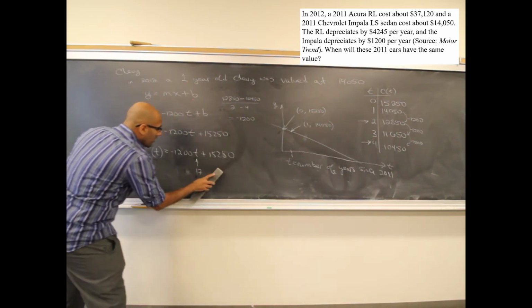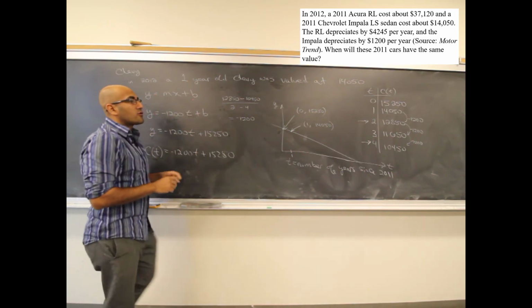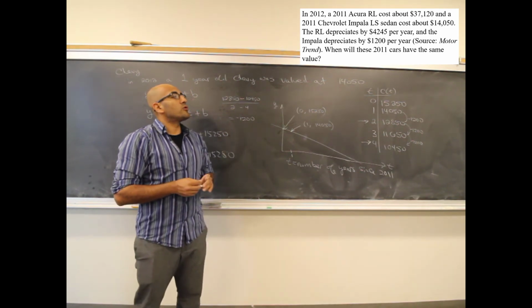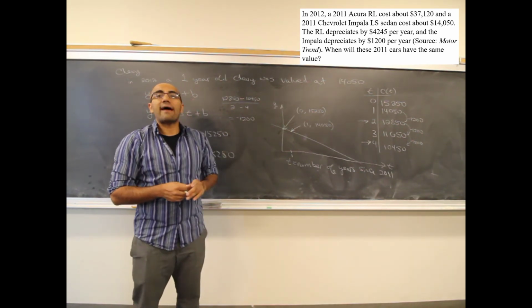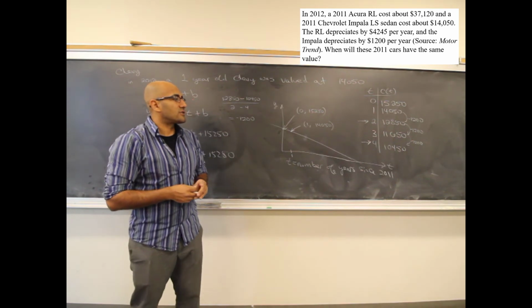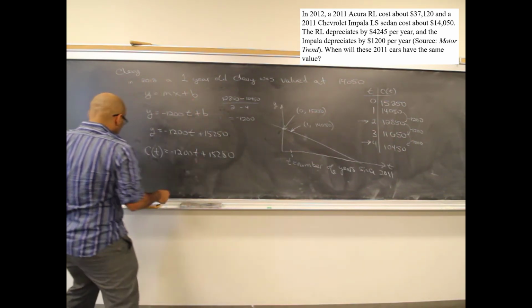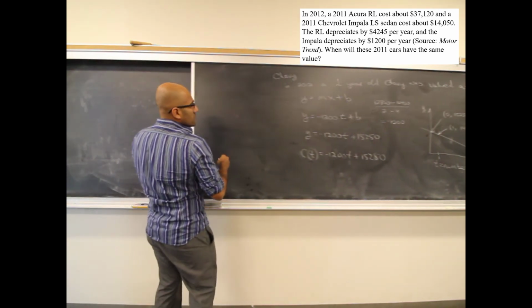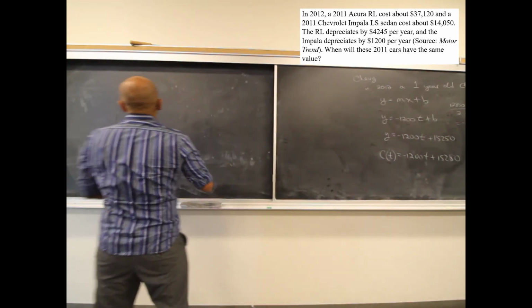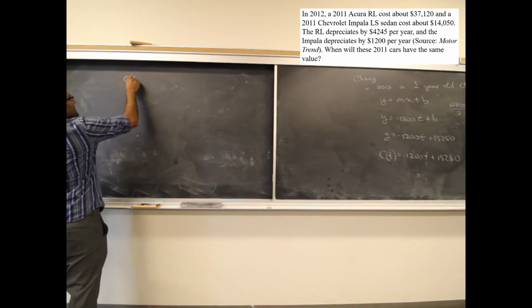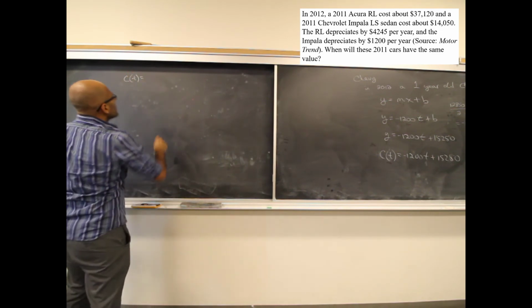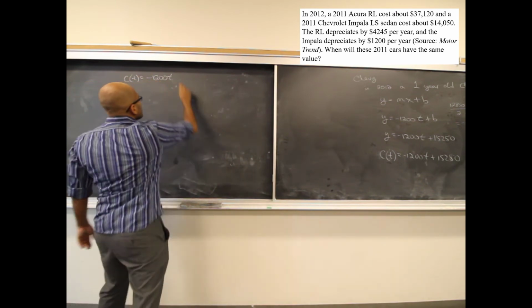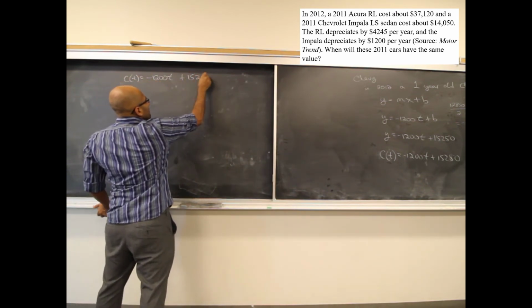Okay? All right, so now we have both models. Now we can finally answer the original question, which was, when will these 2011 cars have the same value? Okay? That's ultimately what we wanted to answer. So let's put it all together over here. We have C of t is equal to negative 1200 t plus 15250.